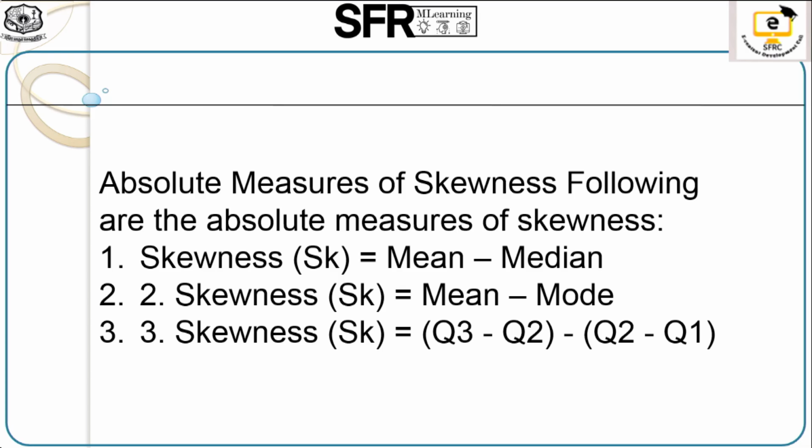The first measure of skewness is mean minus median. The second measure is mean minus mode. The third absolute measure comes from the quartiles, that is Q3 minus Q2 and Q2 minus Q1; the difference between these two also gives an absolute measure of skewness.